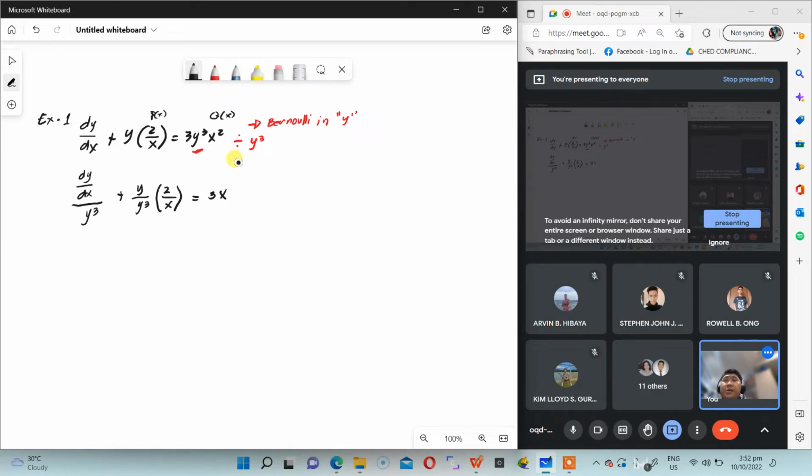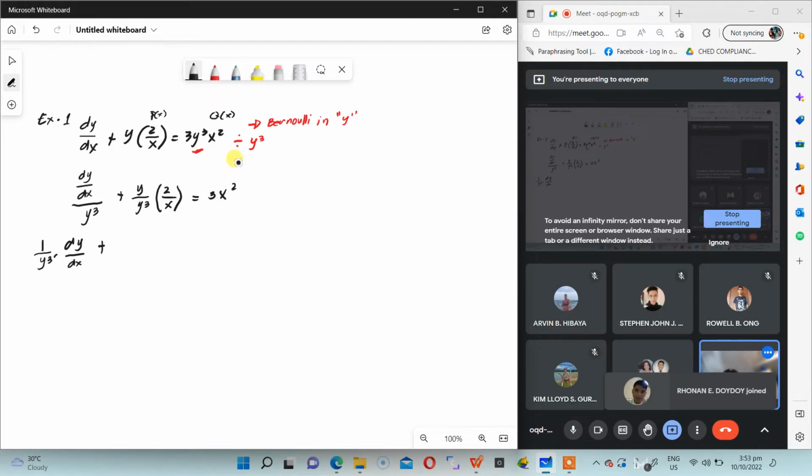So x squared na lang. After that, simplify this one. So arrange this one, becomes dy over dx, di ba? This one could be, if that is over 1, when transposed, that is 1 over y cubed, di ba?